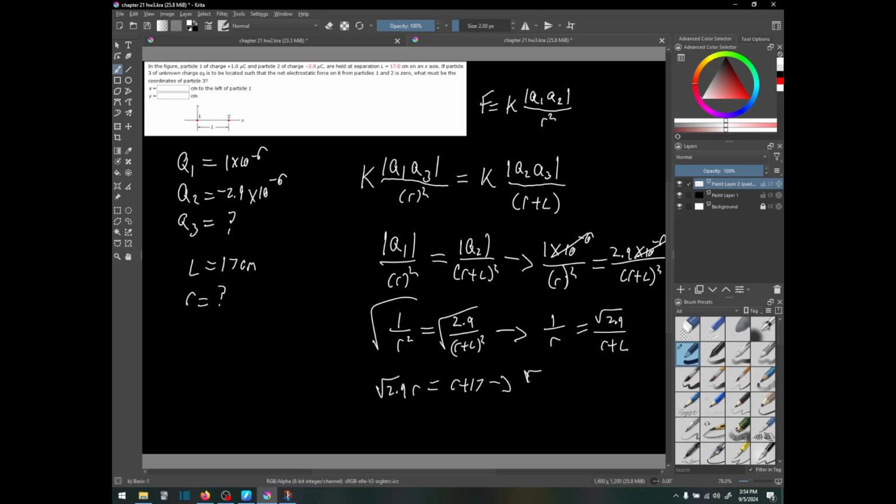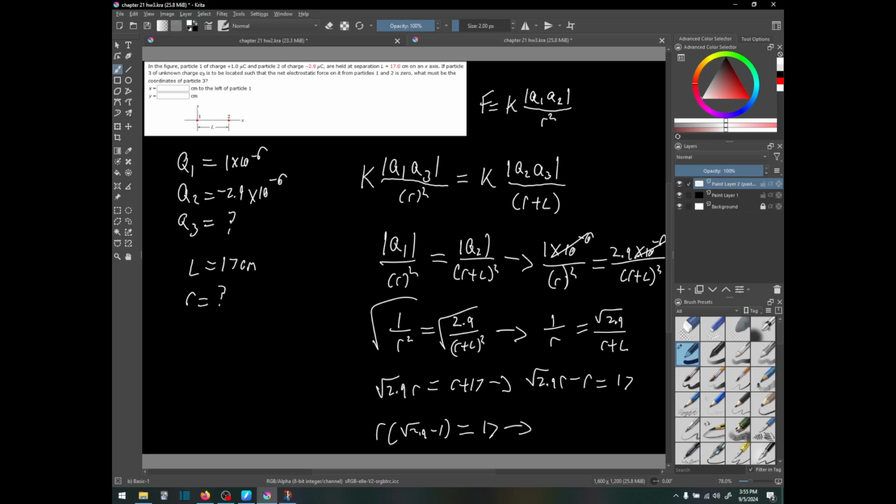Square root of 2.9 R minus R equals 17. We can take R outside of this equation: R times the square root of 2.9 minus 1 equals 17.